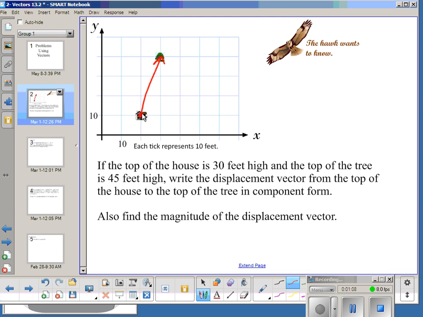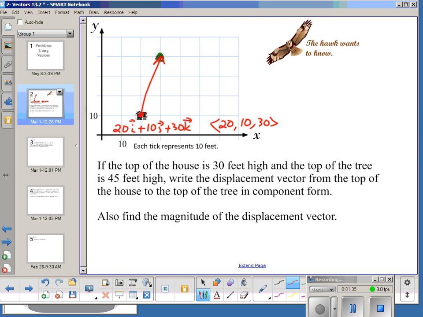So if we think about where we are right here, the house itself has a position vector of 20i plus 10j, and it has a height of 30 feet, plus 30k, or in shorthand mathematically, we use our little triangular brackets, and we do 20, 10, 30.